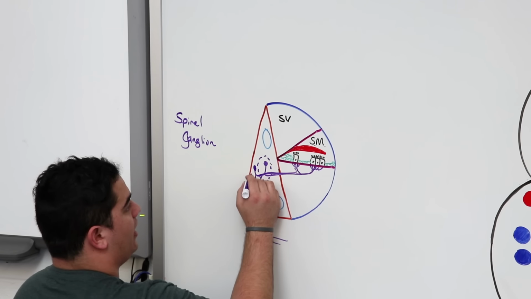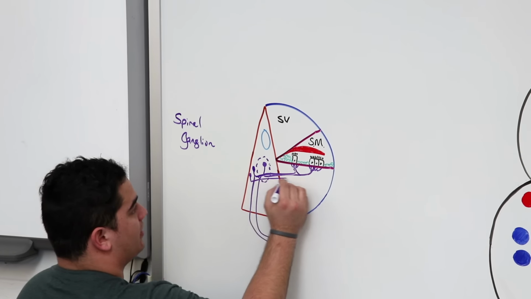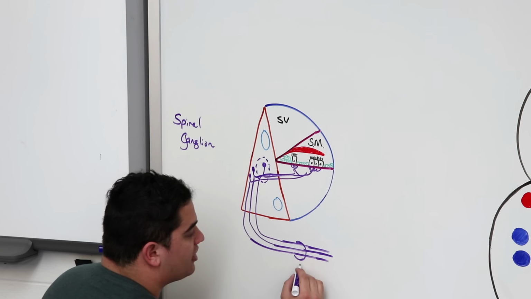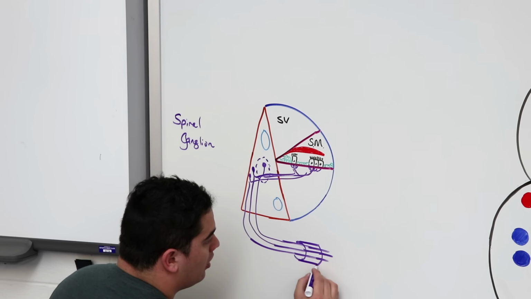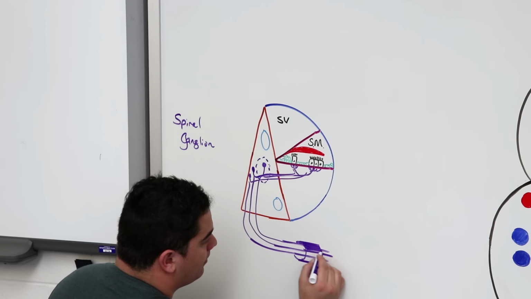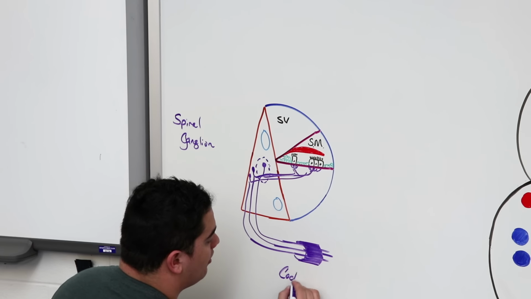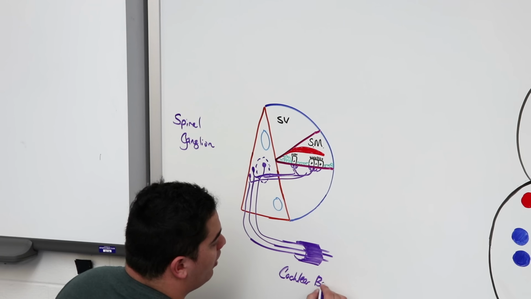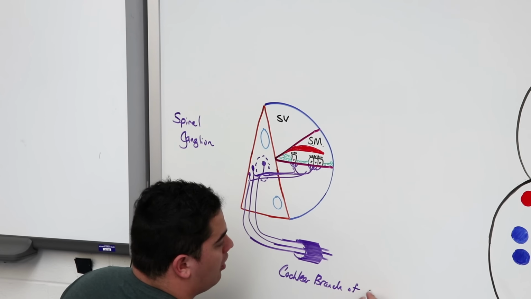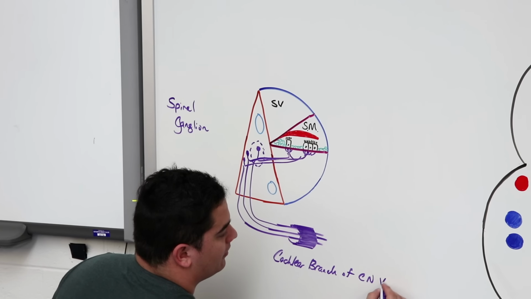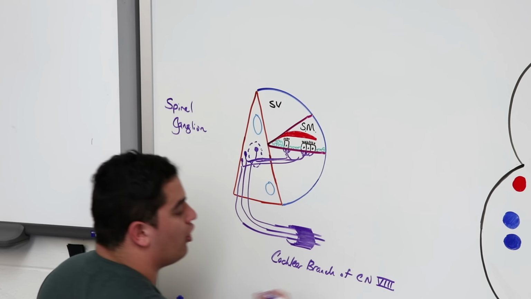Let's say I have another one here, with its own peripheral and central process. I'm going to have hundreds and hundreds of these coming together, and whenever they come together, they make a specific branch. They call this branch the cochlear branch of cranial nerve 8, which is the vestibulocochlear nerve.